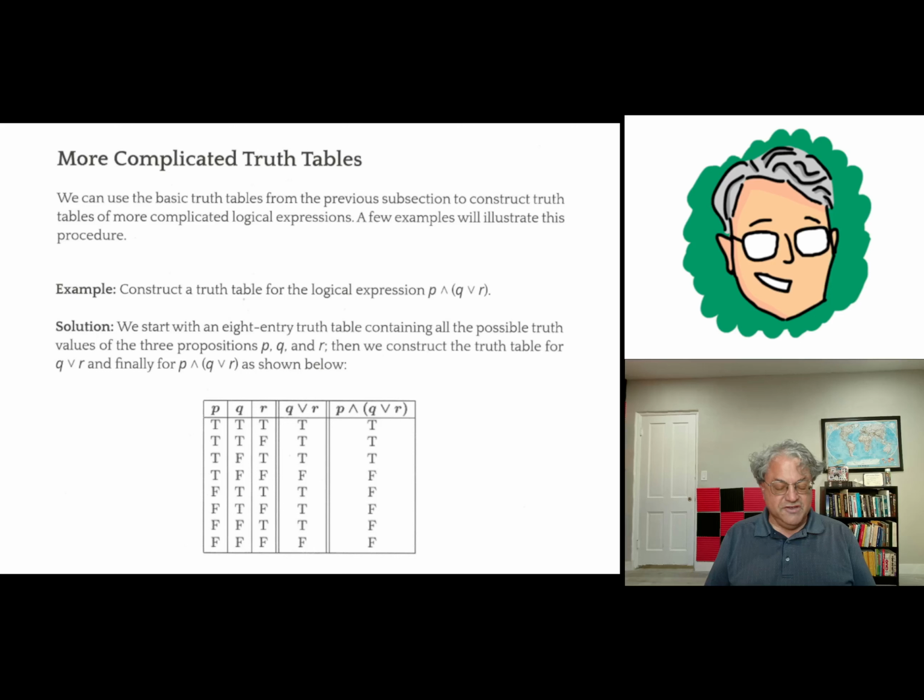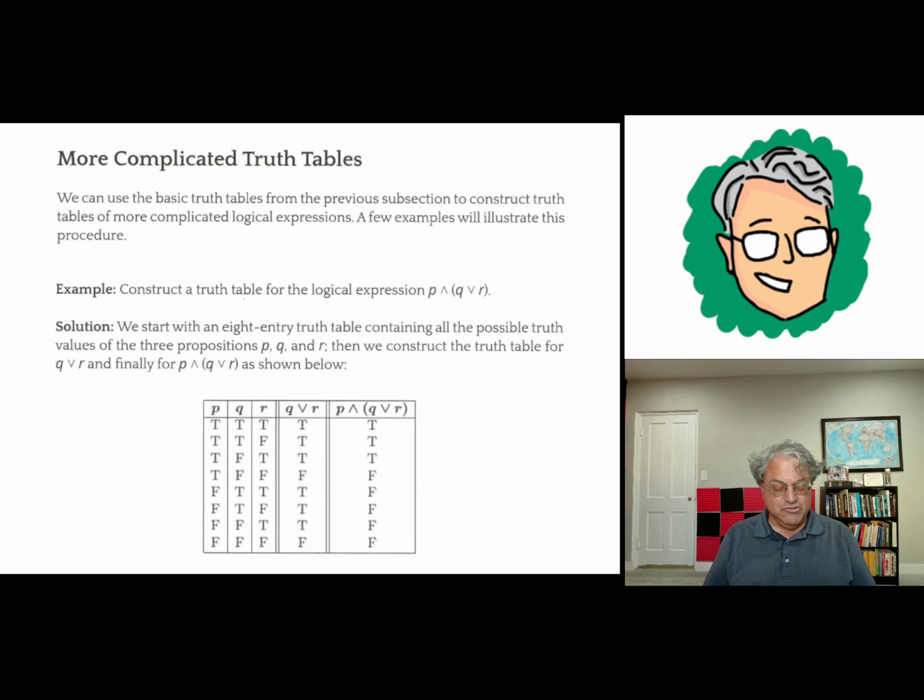And I think you can see from these two columns that the only cases in which they're both true are the first 3 rows, namely P true. So in all those cases, both P and Q or R are true, so P and (Q or R) is true. But now in each of the other 5 cases, you'll notice that, for instance, in the 4th case, P is true, but Q or R is false.